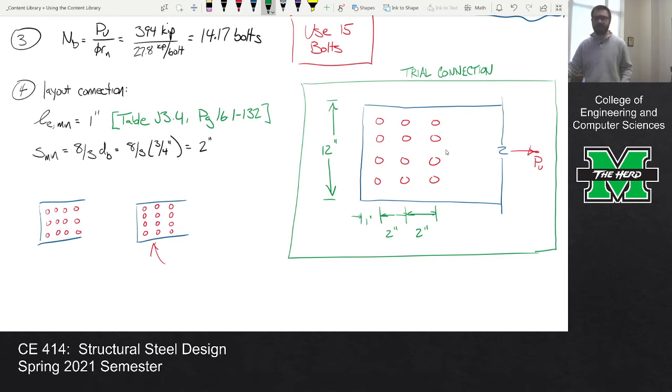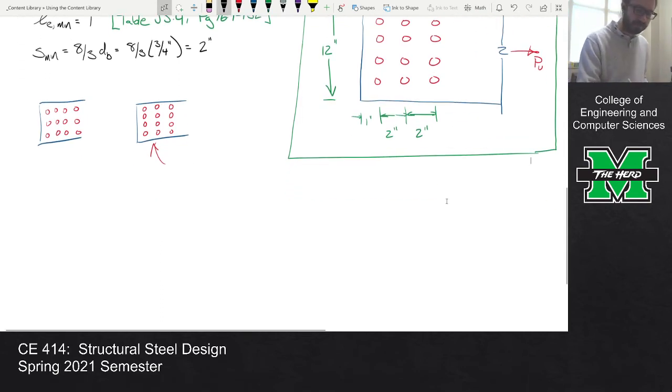All right, I'm going to assume everybody's good on that. Now, I'm saying that this is a trial connection because I don't know whether or not it meets bolt bearing. And if it doesn't meet bolt bearing, I might have to change some things. So we'll see. All right, so let's go to step 5.